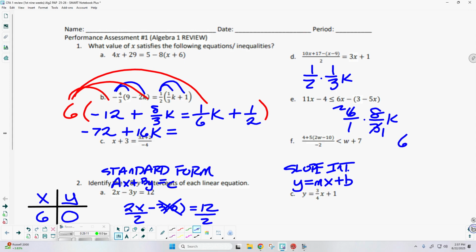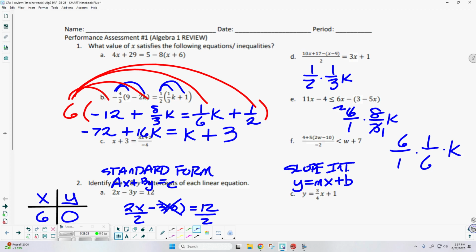I need a 6 times 1/6 k. So that's just 1k. Plus, and then one more, half of 6. 3. Okay. So it took a couple of steps, but we made that equation look a lot nicer.